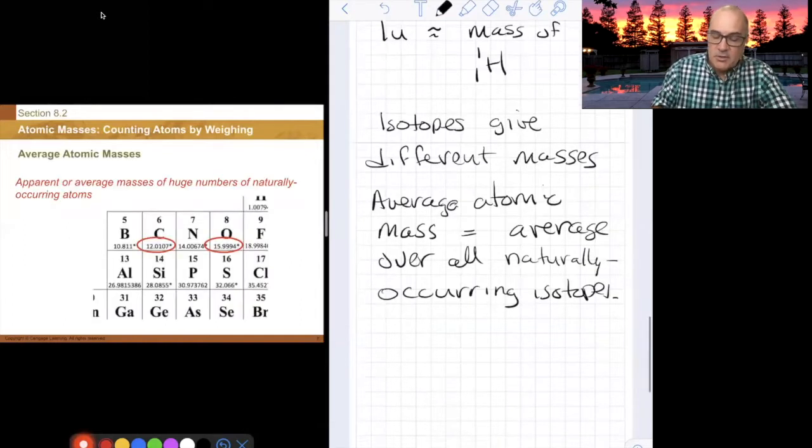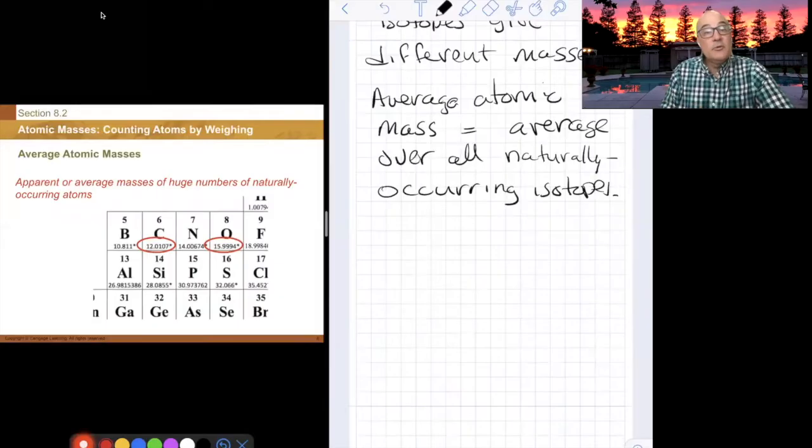Okay. So if we look at a section of the periodic table, the numbers in the periodic table are these masses, not the mass number. Now remember, the mass number is an integer. The Z is the atomic number. And these things I have circled here on the periodic table are the average atomic masses of the elements, and we know these to a pretty high degree of certainty.